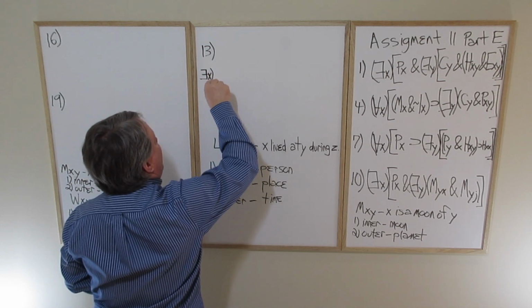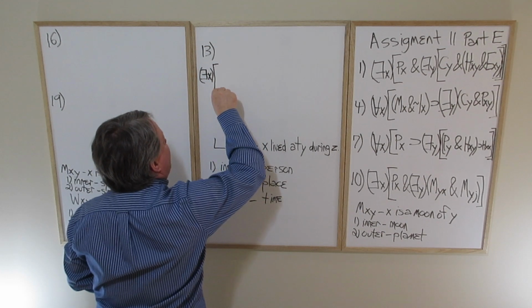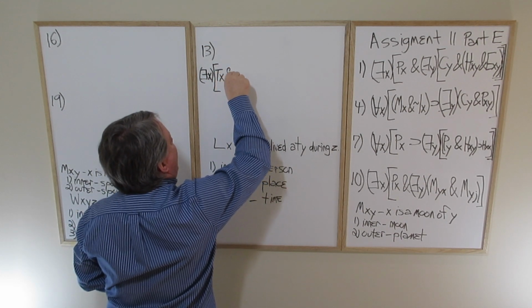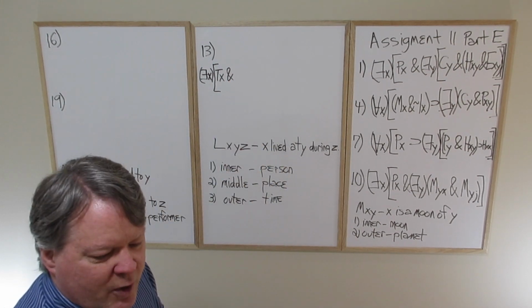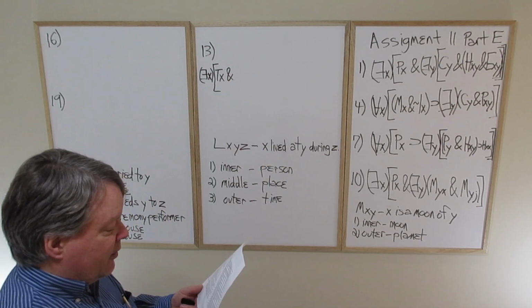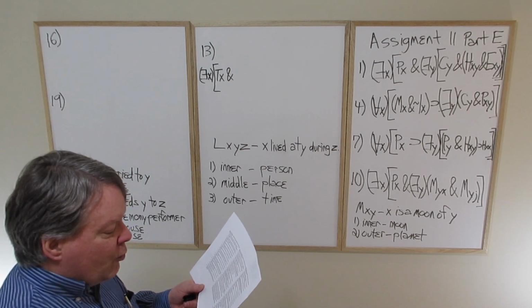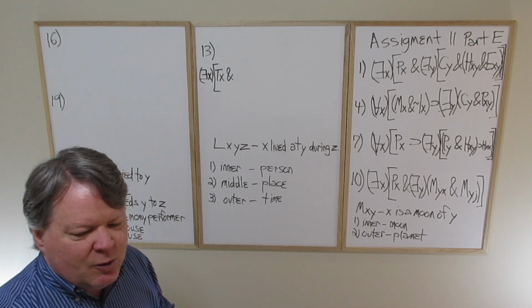Okay, that being said, the English sentence says, there was a time when nobody lived anywhere. So the first part of that is fairly straightforward. There's at least one x such that x is a time. And, okay, so what's the next part of the sentence here? There was a time when nobody lived anywhere.